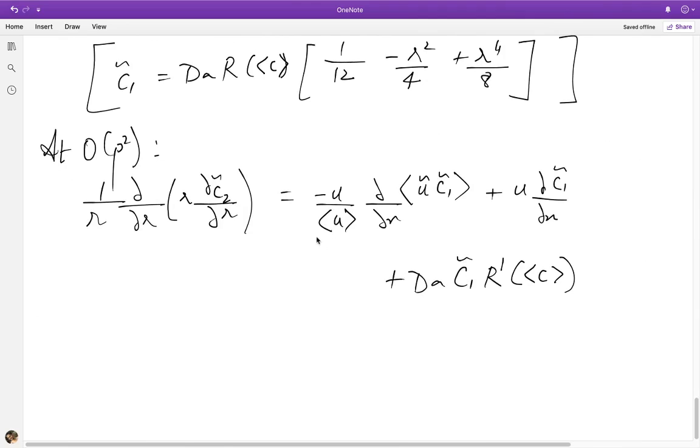Okay, now you will see that both of these terms involve d/dx of C1 tilde, right? So both of these terms inadvertently give you d/dx of C1 tilde, which means you'll get d/dx of Damkohler number times R of C. So I use the following fact that d/dx of R of C, we would like to take the derivative inside.